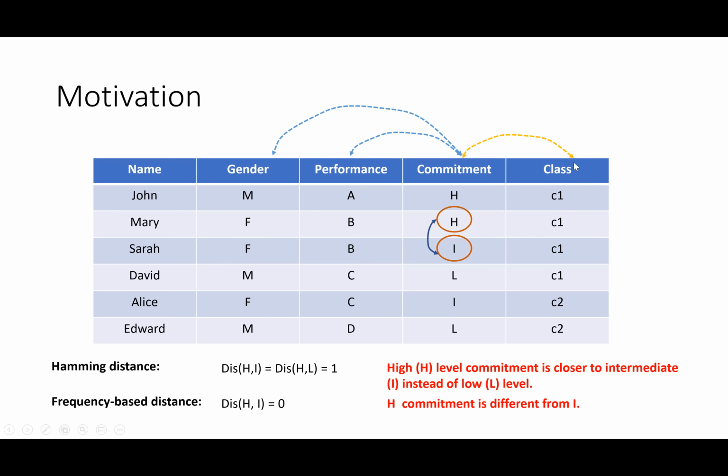And this label is related to the commitment, to the individual performance, for example. It could even be related to other factors, right? And how can we also model the relation between the class label and the individual feature?